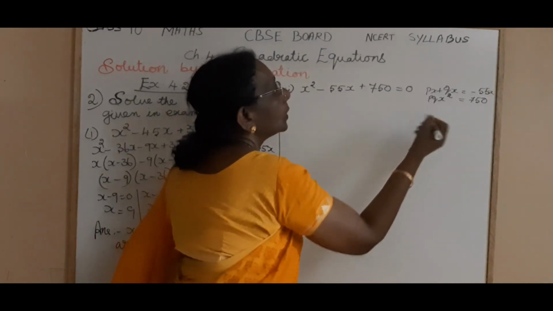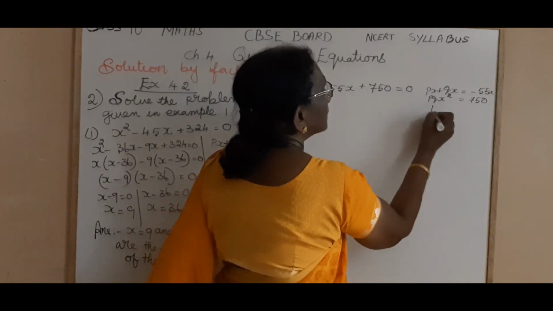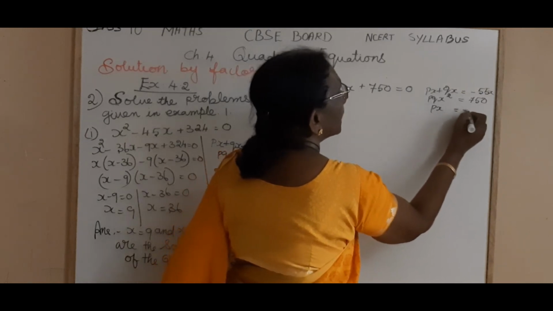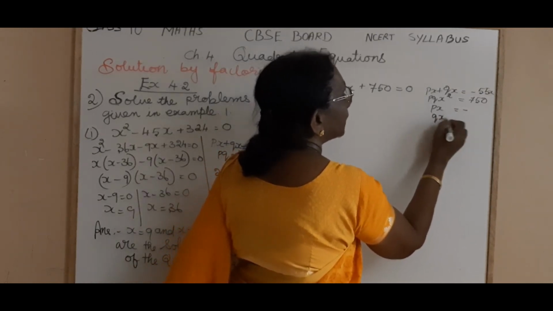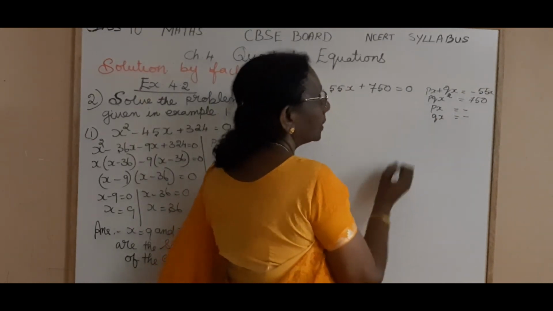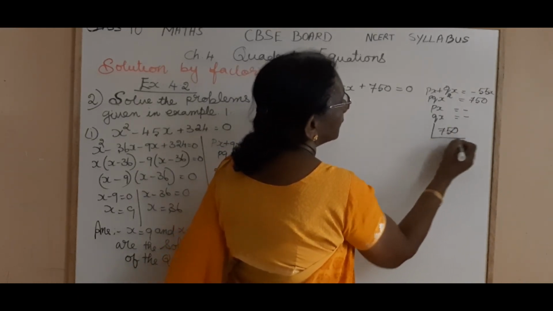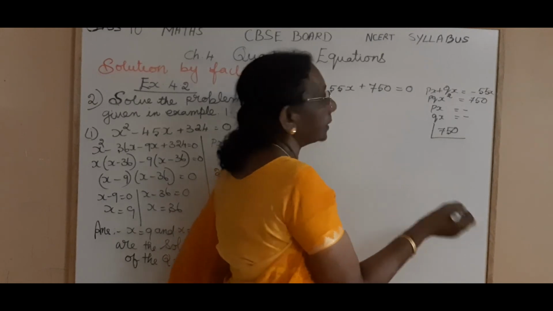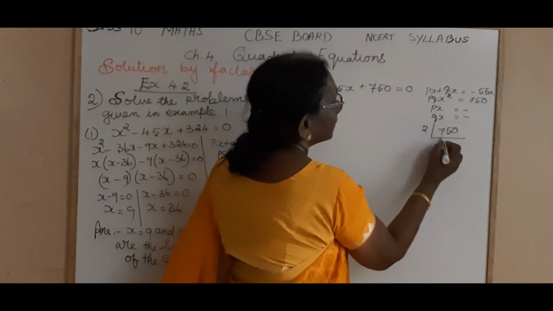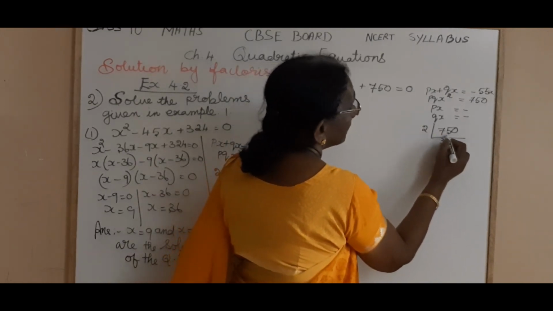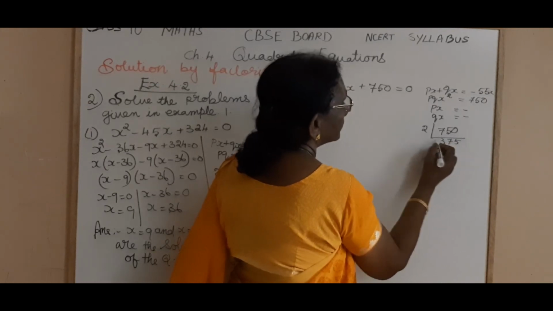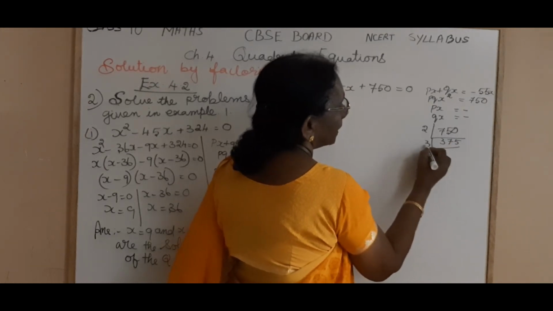Now Px should be negative and Qx also should be negative. Now you factorize 750. When you add, you have to get 55. By 2, 3, 7, 5. Divide by 3.